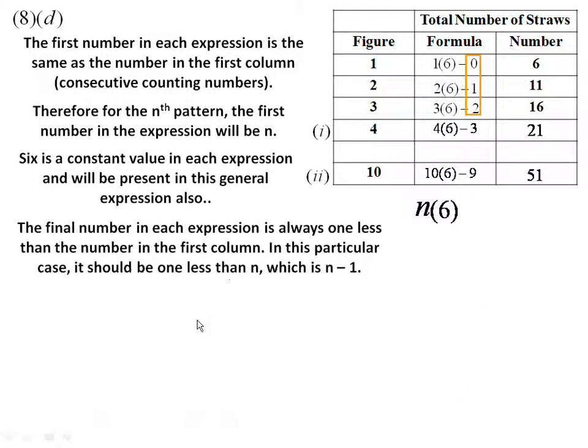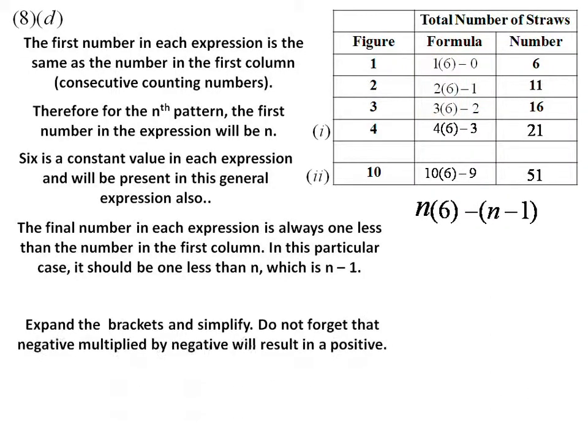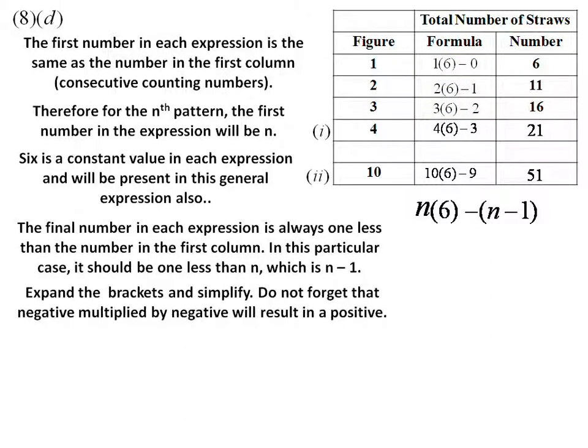That the final number in each expression is always 1 less than the number in the first column. In this particular case, it should be 1 less than n. 1 less than n is n minus 1. There we have it. Expand the brackets and simplify.